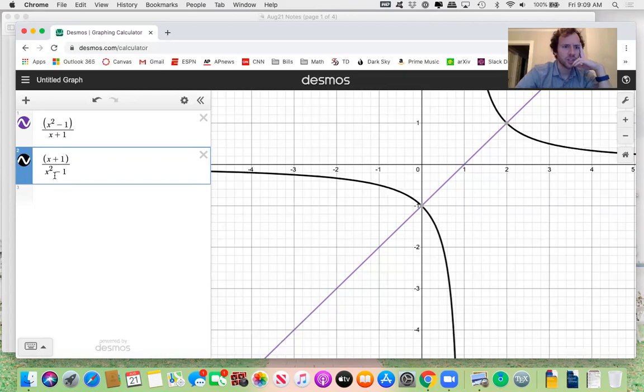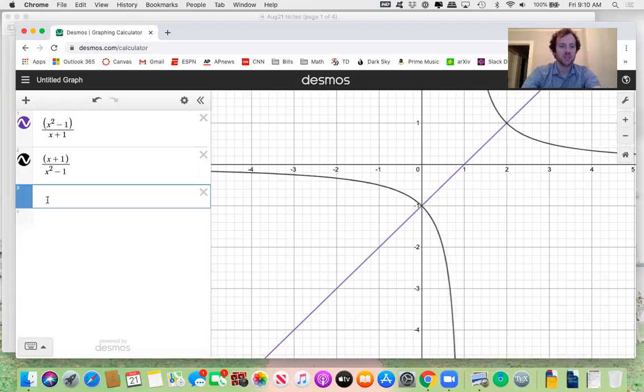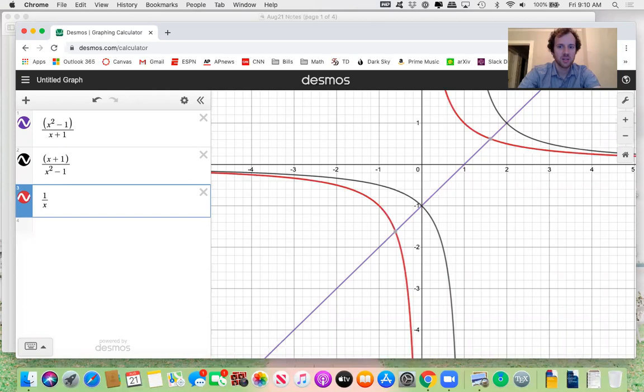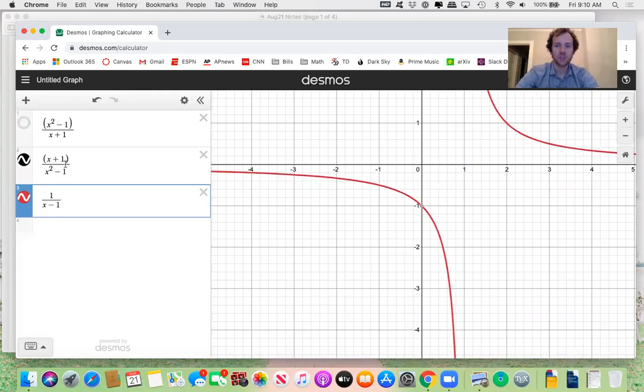Right, so this function, if you put in -1, it's 0/0, but the simplified version of this is 1/(x minus 1). So these two functions are the same, and at -1, this is -1/2.